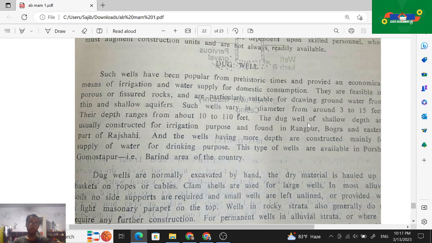Such wells vary in diameter from around 3 to 15 feet, and their depth ranges from about 10 to 110 feet. Drag wells of shallow depth are usually constructed for irrigation purposes and found in Rangpur, Bogura, and the eastern part of Rajshahi, and the wells having more depth are constructed mainly for supply of drinking water, and this type of well is available in the Gomostapur Barind area of the country.